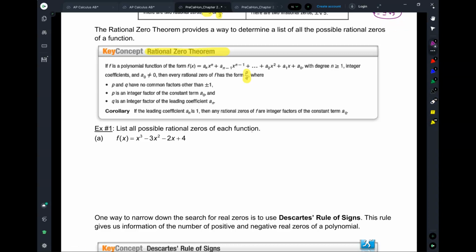So when you have your polynomial, the very last number in the polynomial, basically the constant, that has no x's, gives you your p's, and the leading coefficient, which is the coefficient of the term with the highest exponent, gives you the q's, okay?